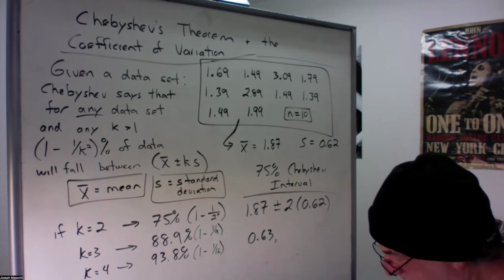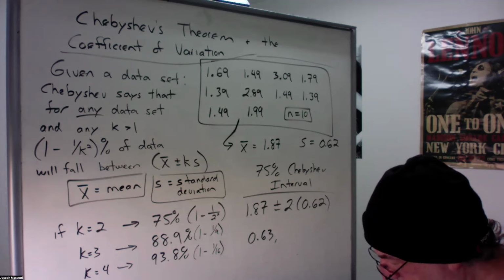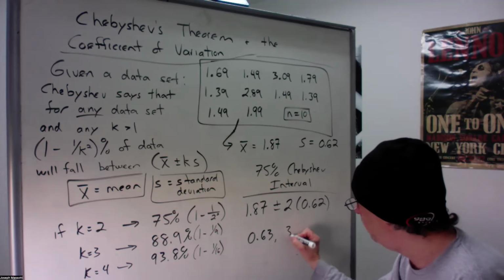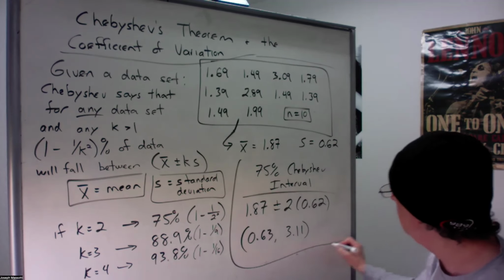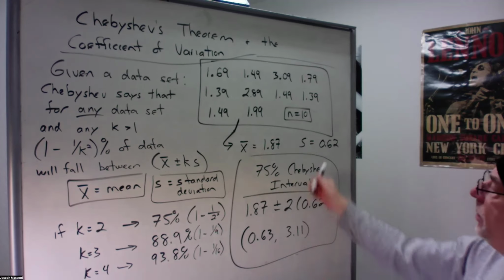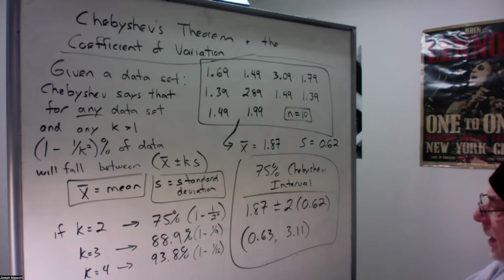And if we look at the other end, we're going to get 3.11. So that is a 75% Chebyshev interval for the given data here of these 10 spots.